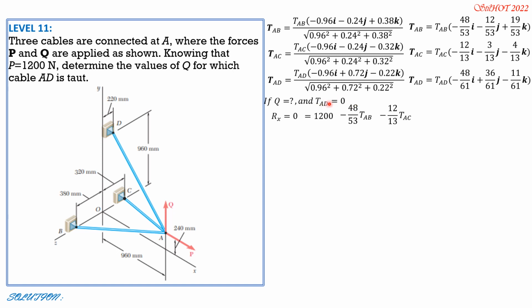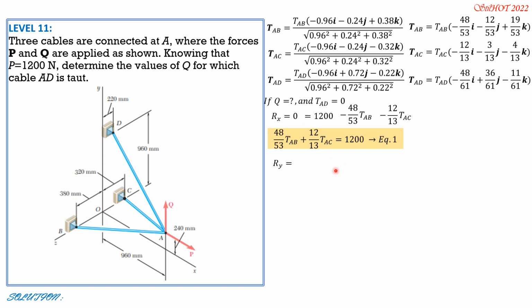What if tension AD is 0.0001 newton? It's still taut. So that's still 0. Simplifying, 48 over 53 tension AB plus 12 over 13 tension AC equals 1,200. So see, that's part of the analysis. You might say it's easy, but that's the trick here.